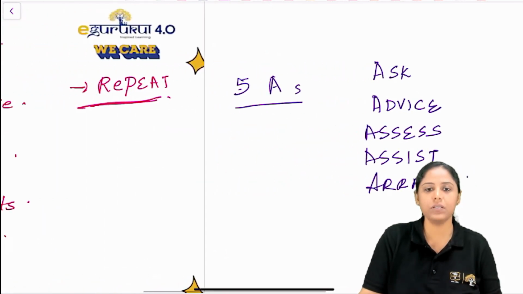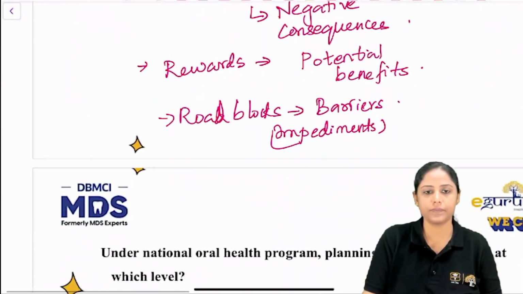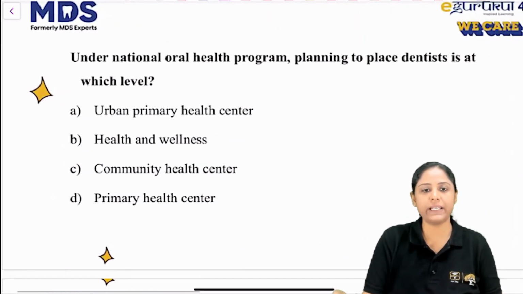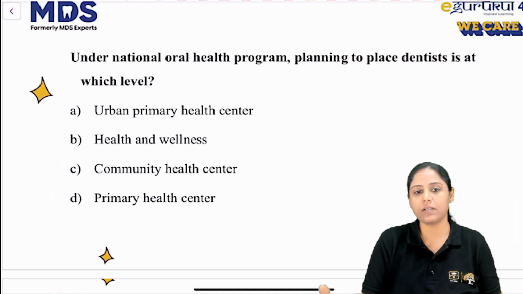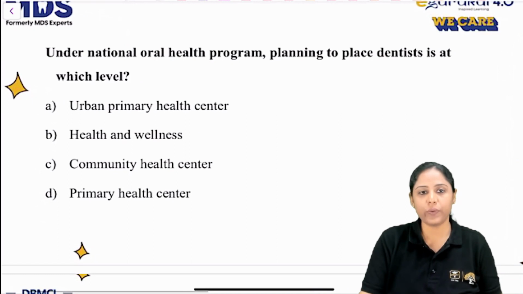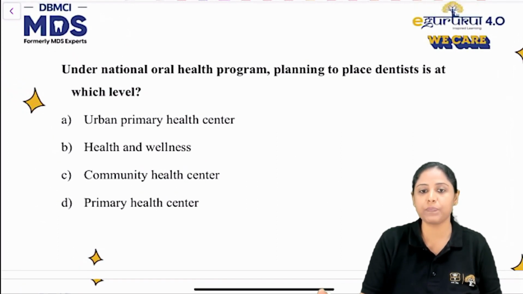Next we come to the next question, that is, under National Oral Health Program, planning to place dentists is at which level? So is it urban primary health center, health and wellness center, or community health center, or primary health center? So the current situation is that there are not many dentists in the rural areas because they are more concentrated in the urban areas.